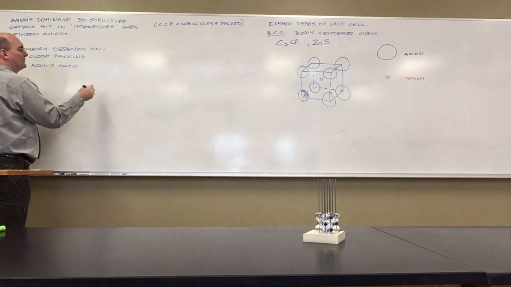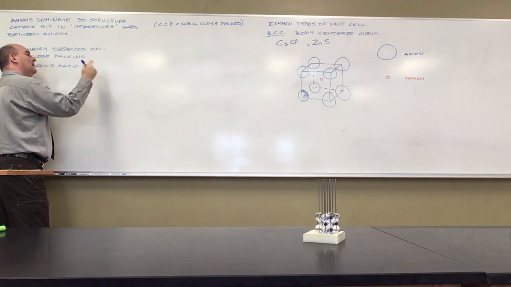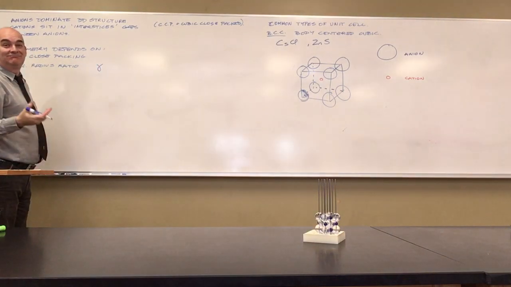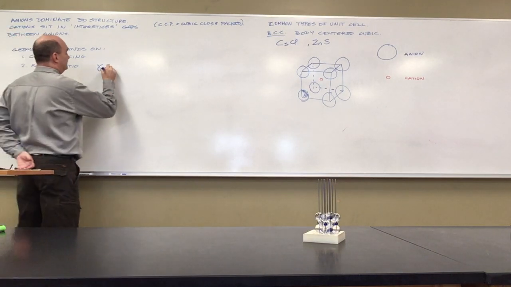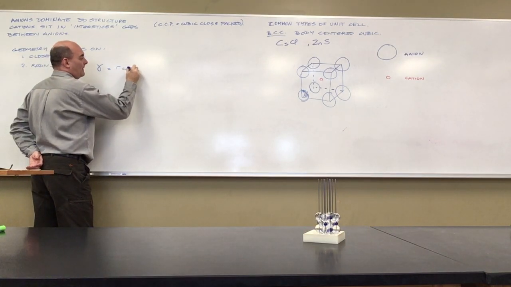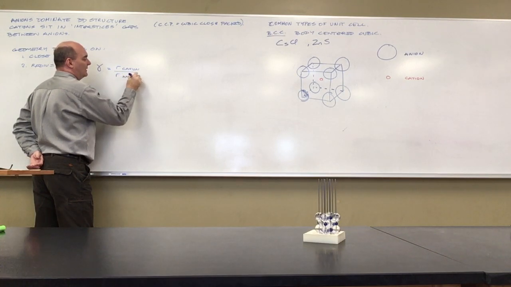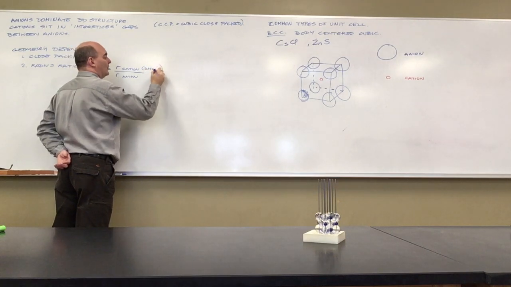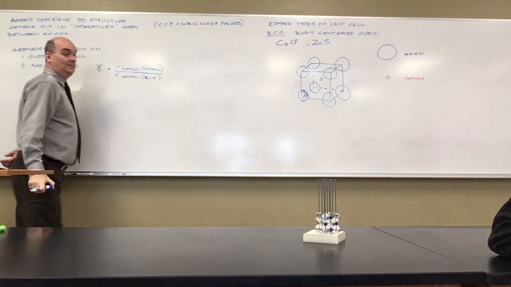All right, let's look at this. This can be called gamma, or sometimes it is. This is the radius of the cation divided by the radius of the anion, okay? And obviously, the cation is small and the anion is big, all right?